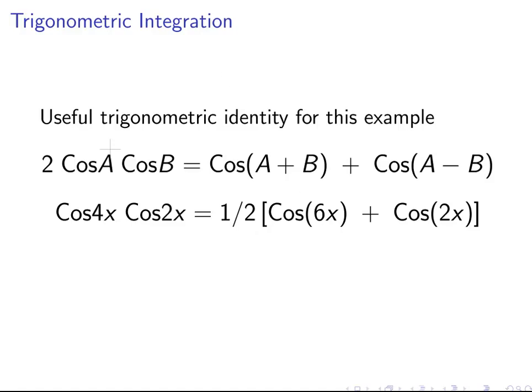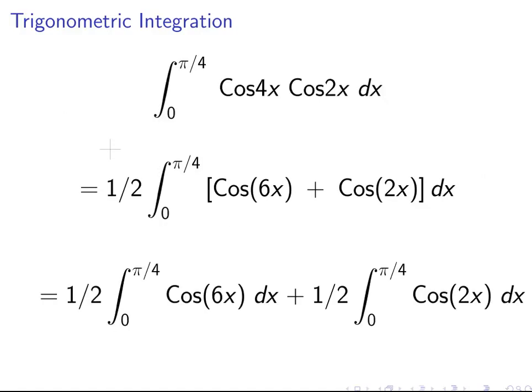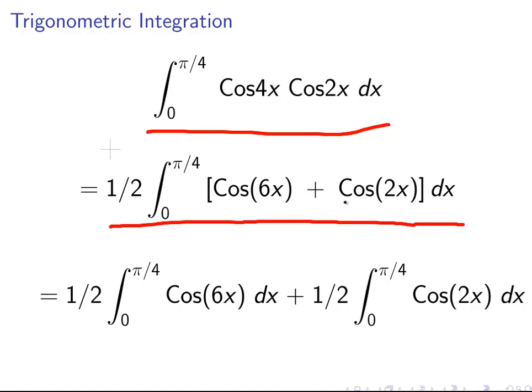But anyway, that is what we're going to use. So we're going to rewrite our integration expression in that form. This is our original expression up here, and what I've done here is I've used that identity I just mentioned on the last slide. As well as the 1/2, I've substituted in cos 6x plus cos 2x and accounted for the half outside the integration.